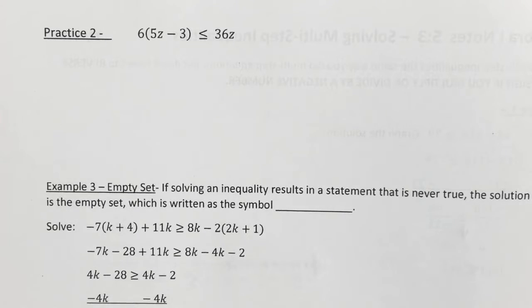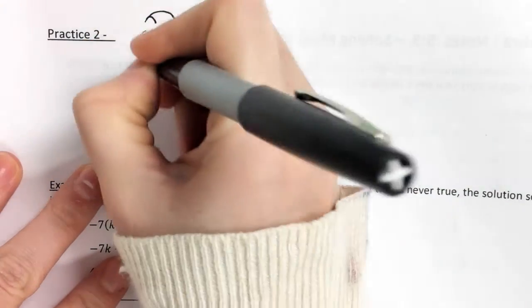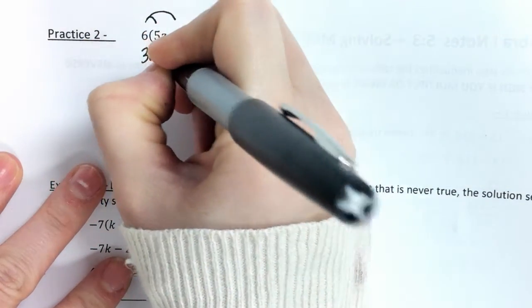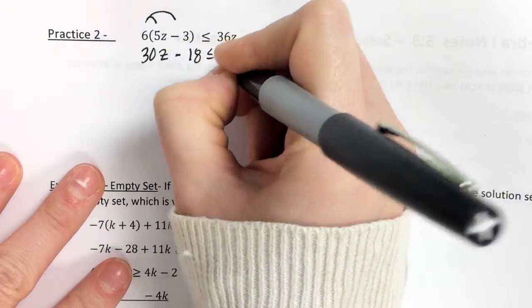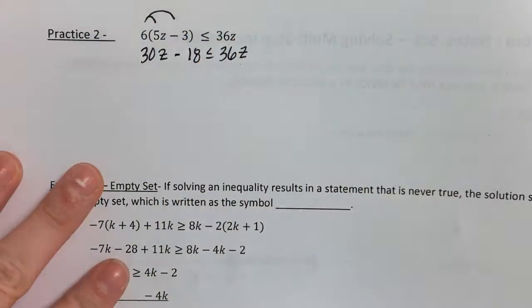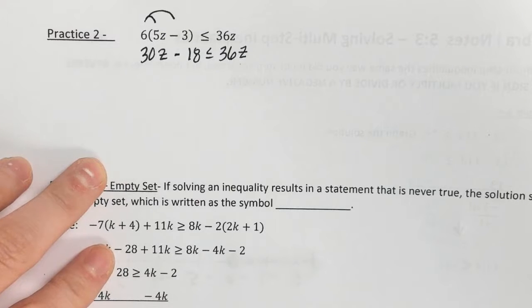Jennifer, what do I do first? I have 30z minus 18 is less than or equal to 36z. Okay. What do I do next? Lakeland?